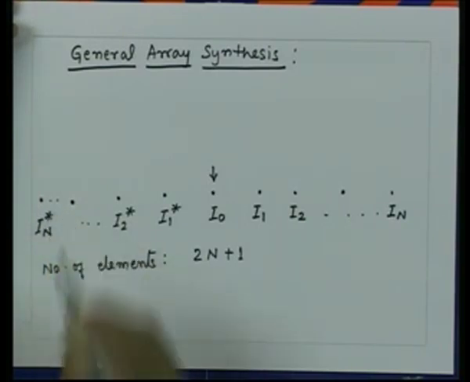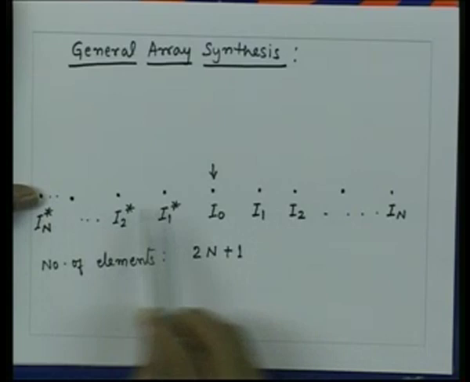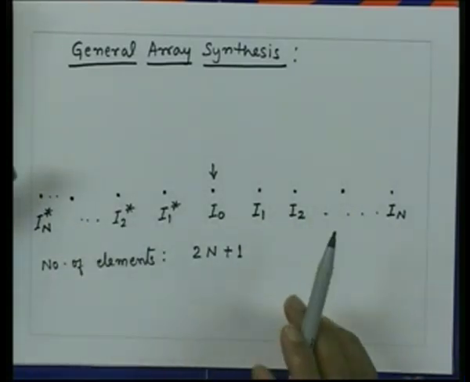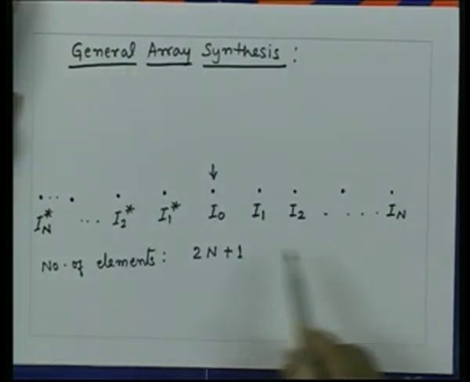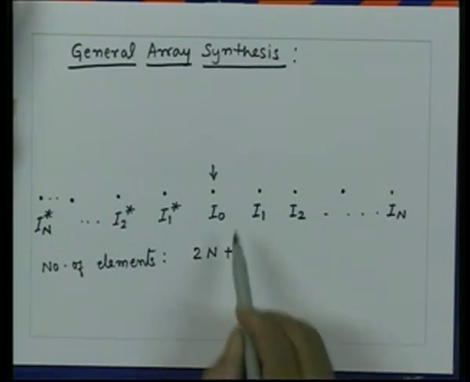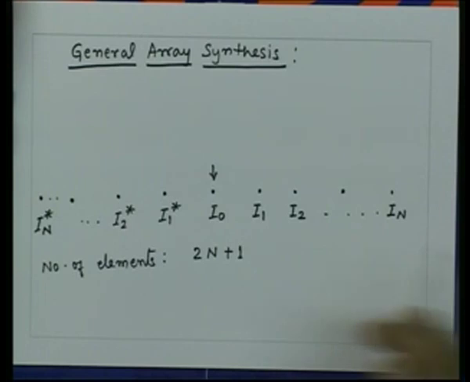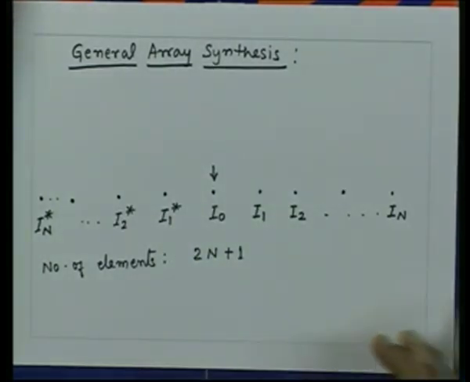So, we are assuming essentially that there is an array having an odd number of elements, and there is a symmetry in the current distribution in the sense that the amplitudes of the currents are symmetric and the phases of the currents are antisymmetric. So, if this phase is delta, this will be minus delta and so on.